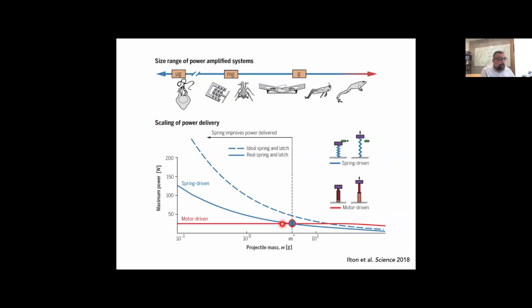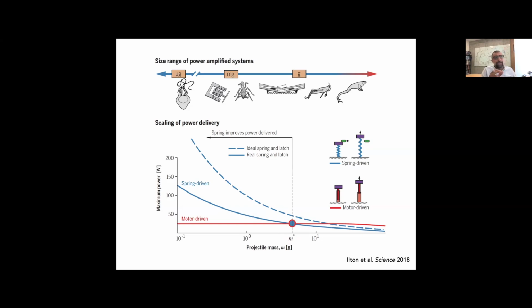And then you get to some transitional length or size, where beyond that point, you start to really lose the benefit of rapid delivery of mechanical power from a tendon that exceeds the rate at which power can be produced by the skeletal muscle. That happens to be on the order of, let's say, 5 to 10 gram masses.